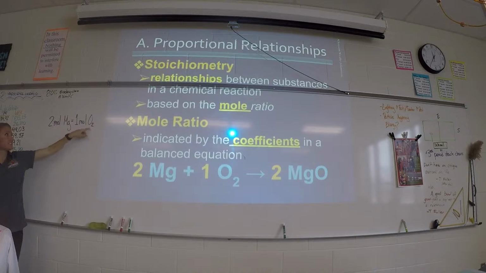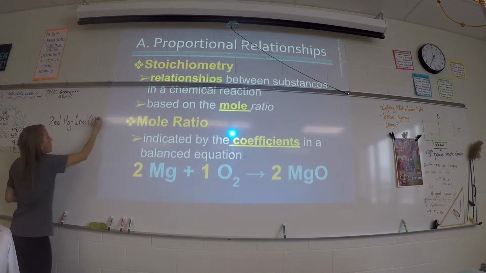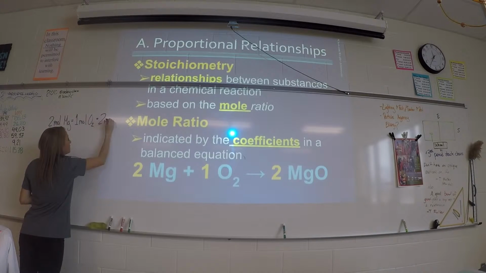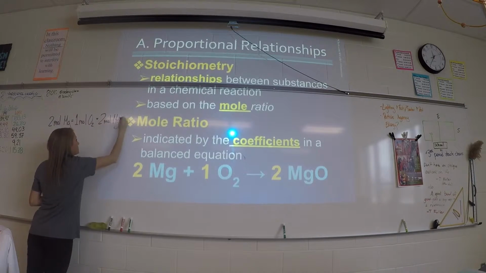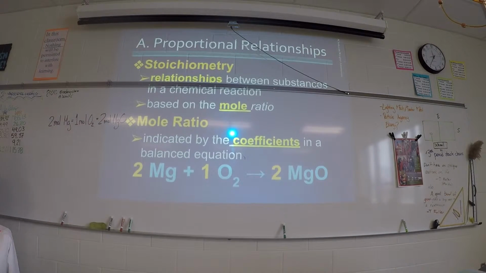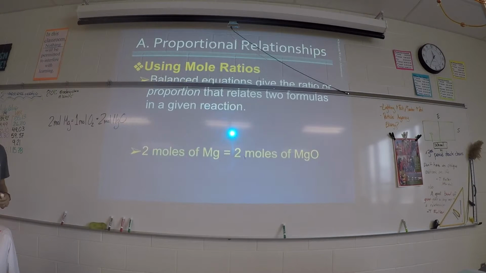And notice that it's not the subscript, it's just the coefficient, which is also equal to 2 moles of MgO. So that is your molar ratio for this equation that compares them all to each other. It's a 2 to 1 to 2 ratio.